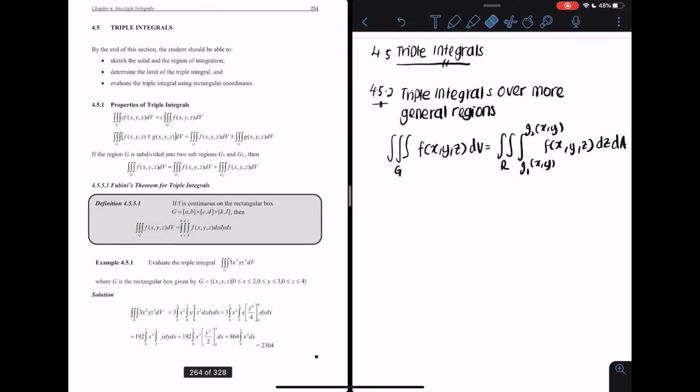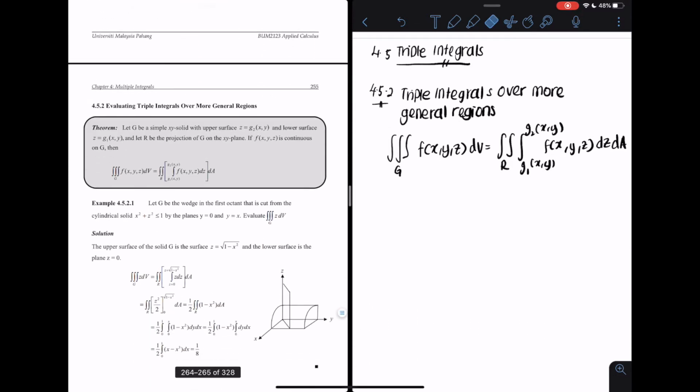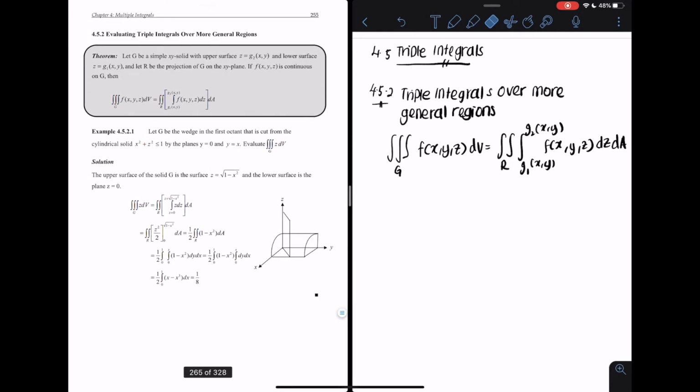So we will move to the next page, where we will be discussing evaluating triple integrals over more general regions. Before this, when you solved double integrals over region R, you should be able to sketch region R in a two-dimensional coordinate system, because the region R helps you determine limits with respect to variables x, y if we are talking about rectangular coordinates, or r, theta if we are talking about double integrals in polar coordinates.